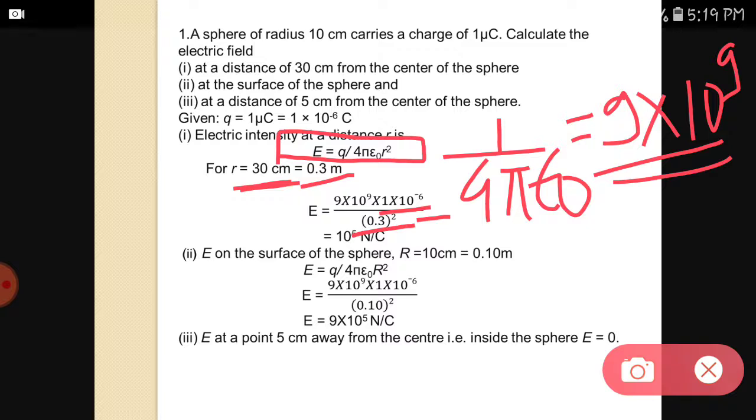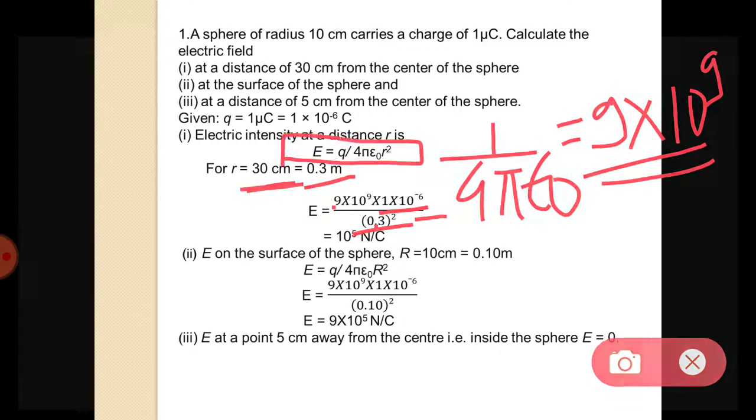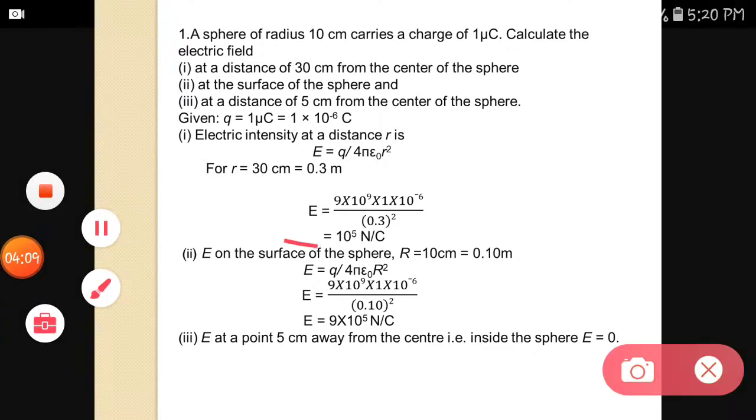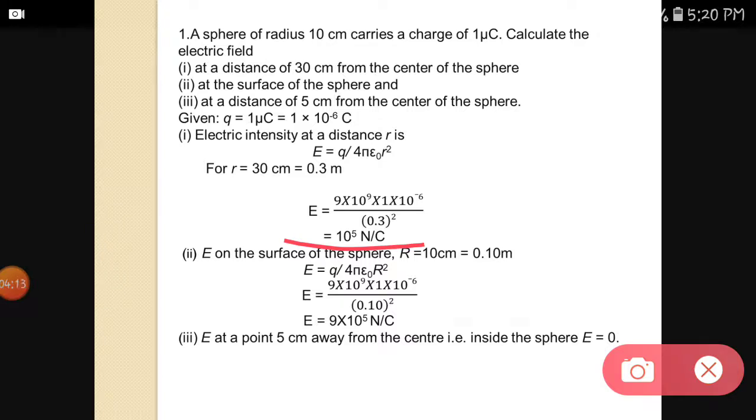If you solve, 0.3 square is nothing but 0.09. Here is 9 and even in the denominator it's 9, so it will get cut and we are getting only the power of 10 as the answer. So the answer is 10 to the power 5 Newton per coulomb.